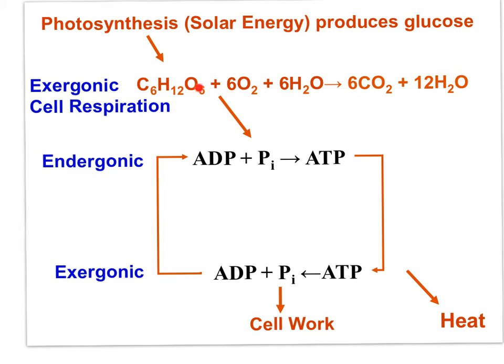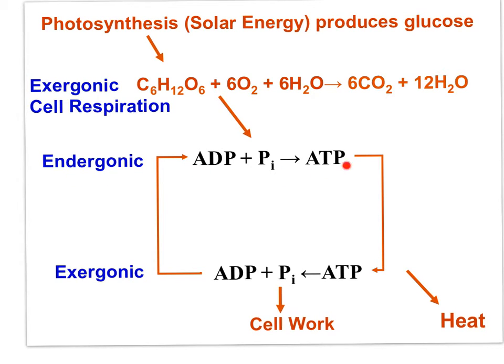The energy in glucose comes from photosynthesis, where chloroplasts absorb solar energy and transform that to the chemical energy of glucose. Cell respiration, an exergonic, energy-releasing reaction, is seen as an equation here. The controlled release of energy from glucose drives ATP synthesis, and this is an endergonic reaction.